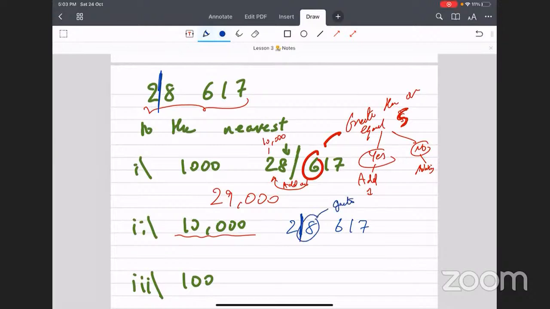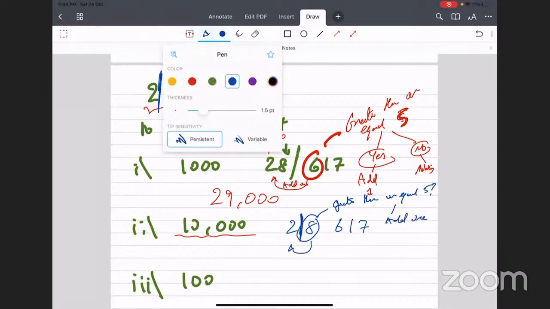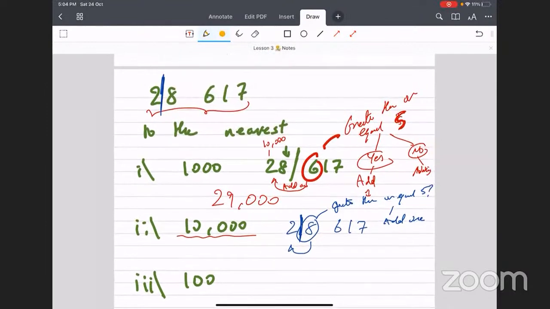Greater than or equal to 5. Add 1. Equal to 29, sorry, that will be equal to 30,000.